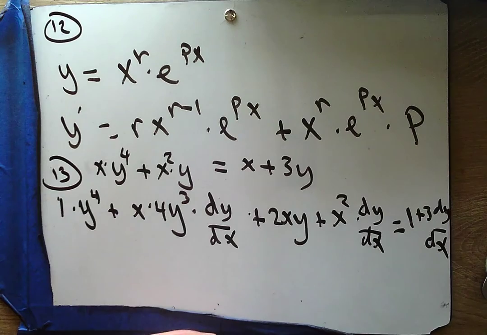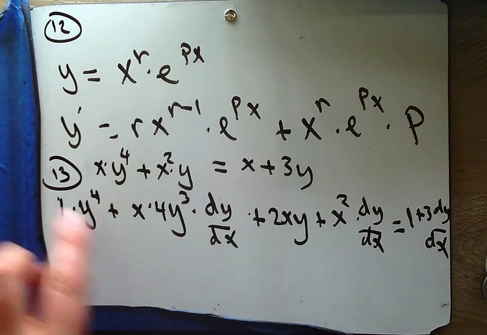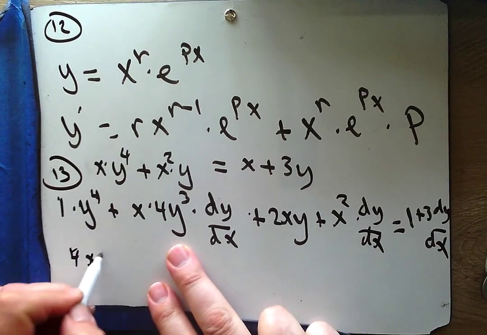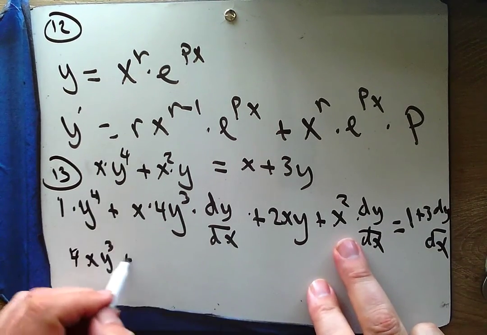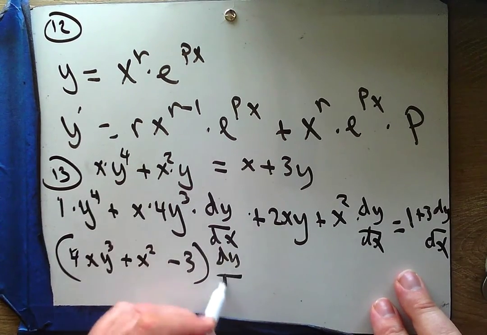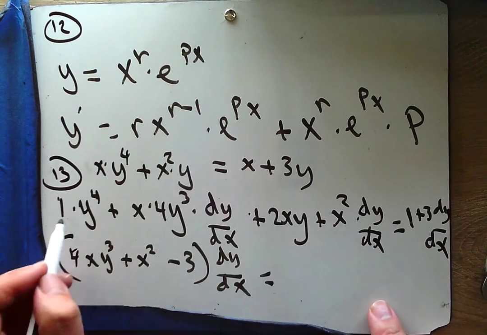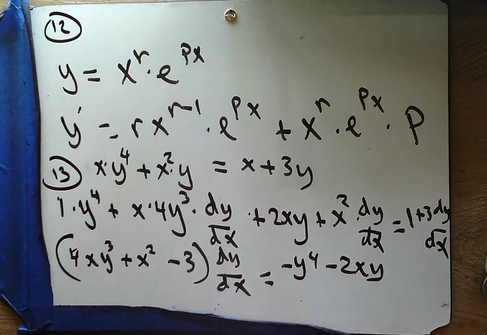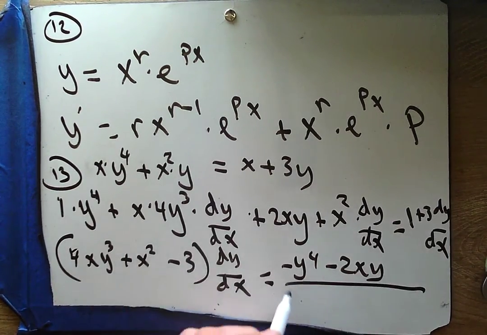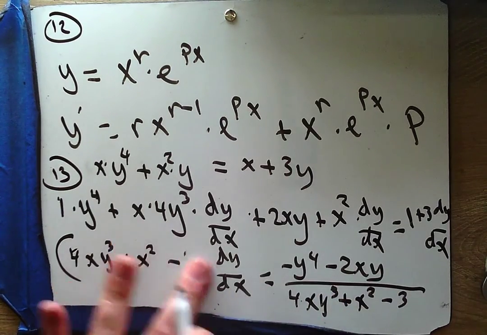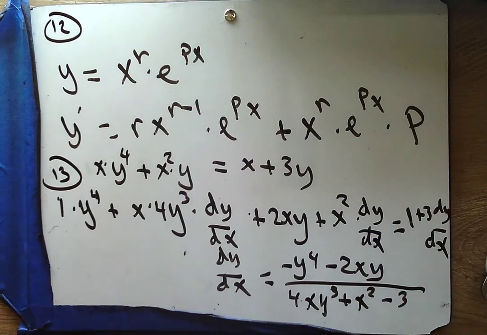Okay, so let's put all the dy dx stuff on one side and all the not dy dx stuff on the other, and I'm going to have 4xy to the third plus x squared minus 3 dy dx equals negative y to the fourth minus 2xy. And so to get dy dx by itself, I'm going to have to divide both sides by 4xy to the third plus x squared minus 3. And there's my answer to number 13.